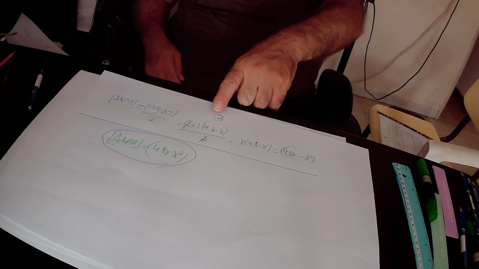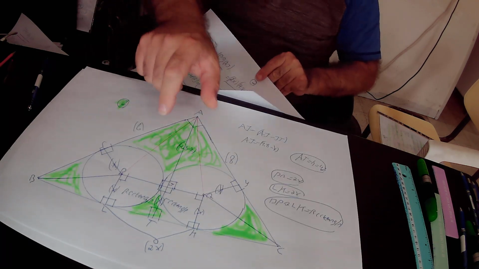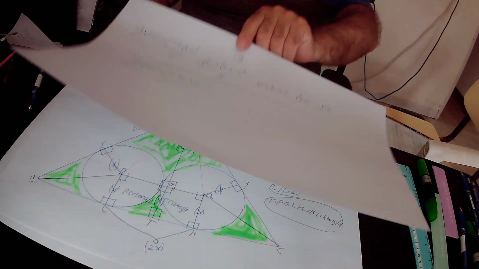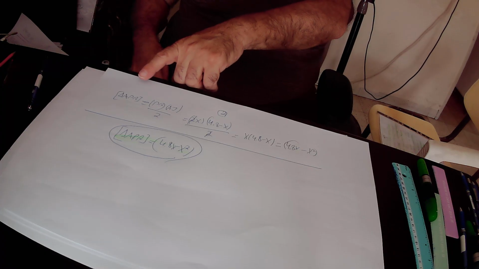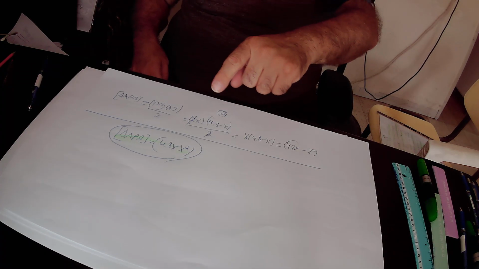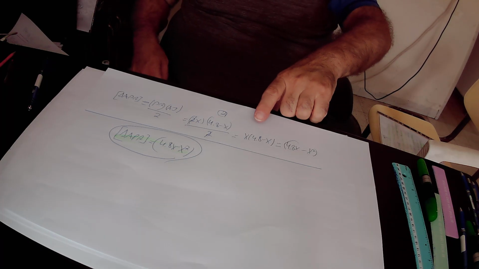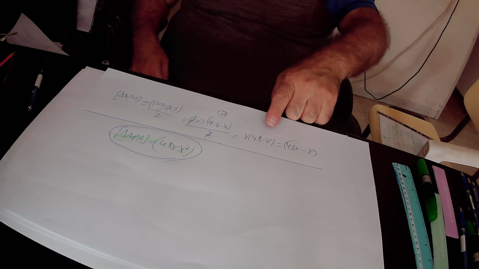PQ is 2x, AJ is 4.8 minus x, divided by 2. So in total, the area of APQ equals 2x times (4.8 minus x) over 2. We have 2 in the numerator and 2 in the denominator, so the 2 will get cancelled. And after cancelling 2, we have x times (4.8 minus x).